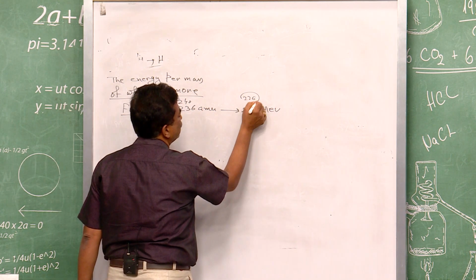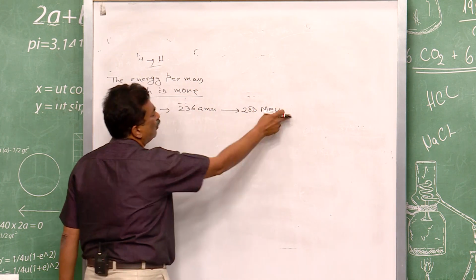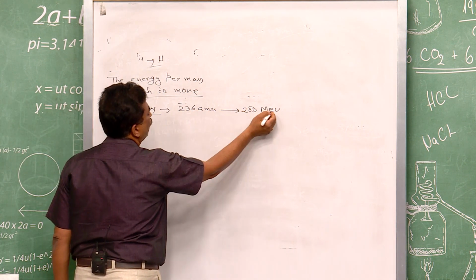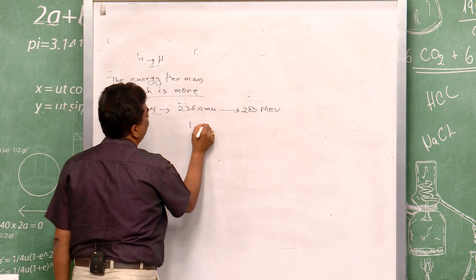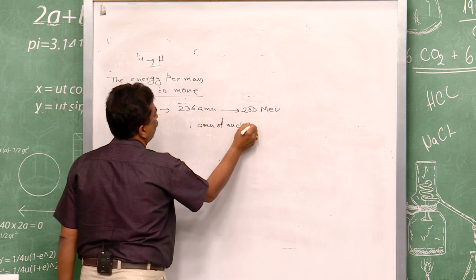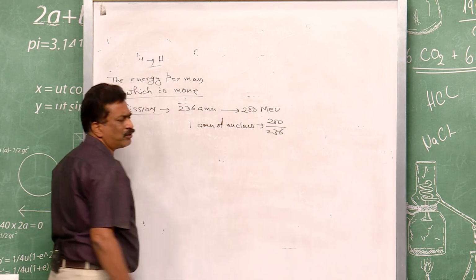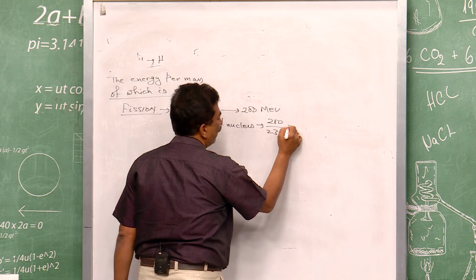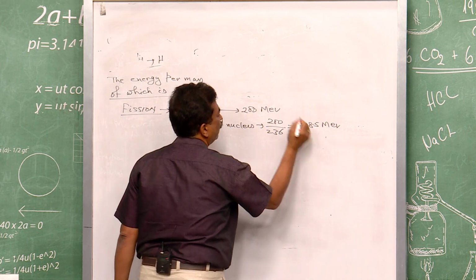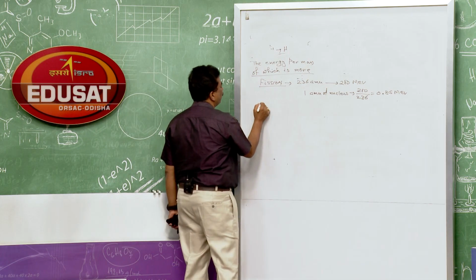So for 236 AMU, it is equal to 200 MeV. So for 1 AMU of nucleus it will be 200 by 236, which is approximately 0.85 MeV.